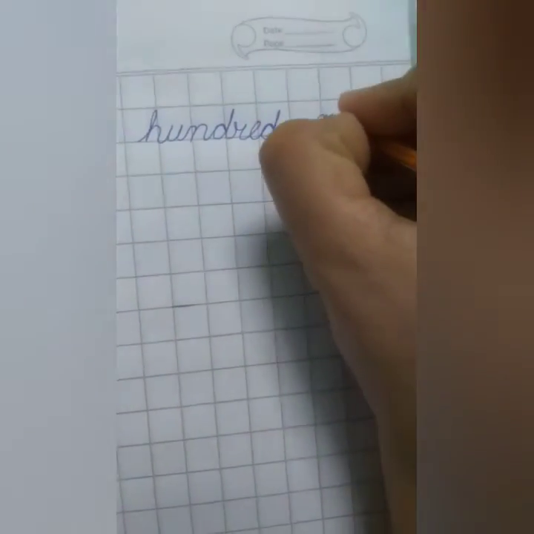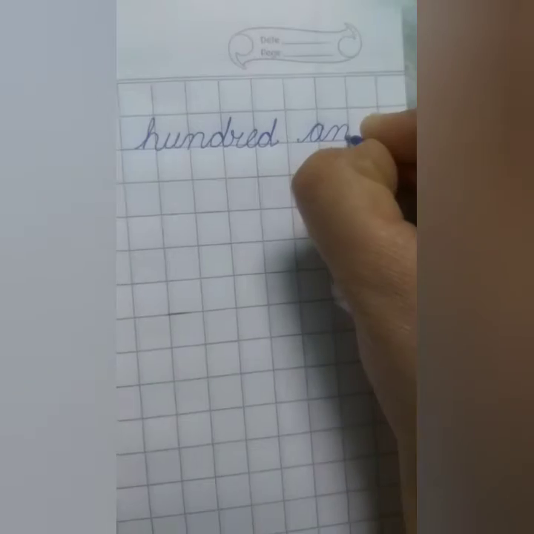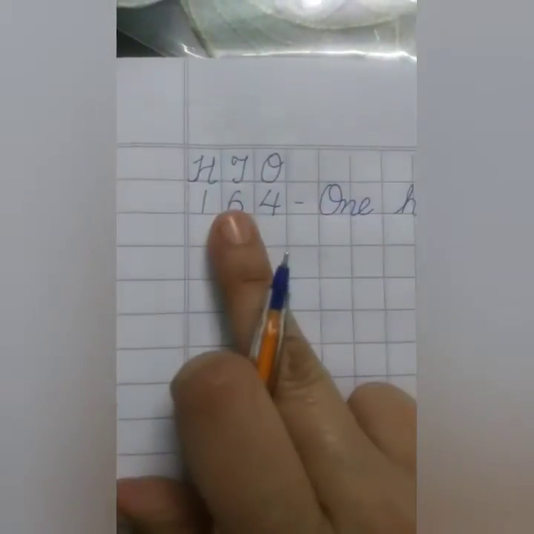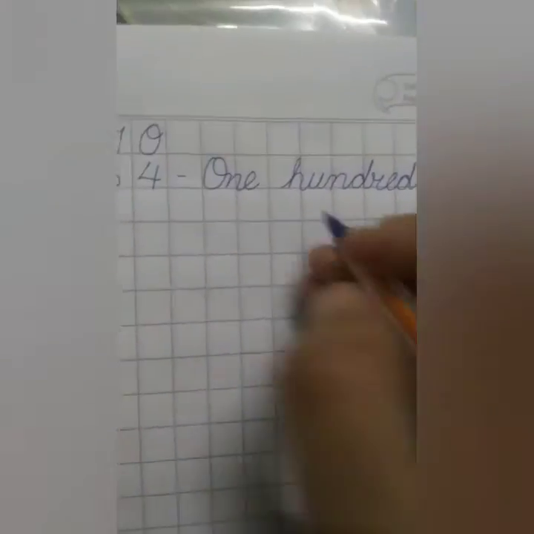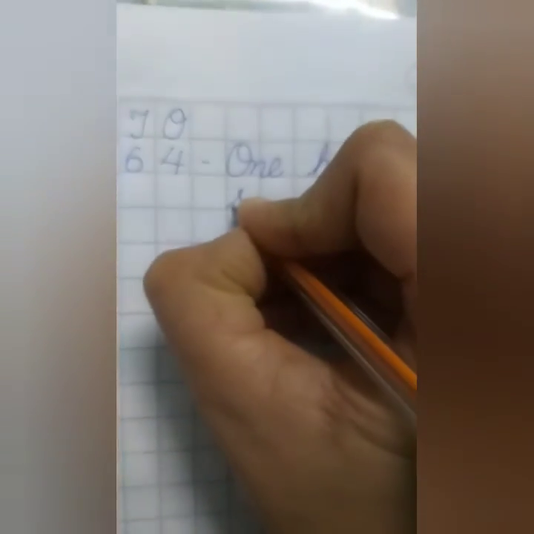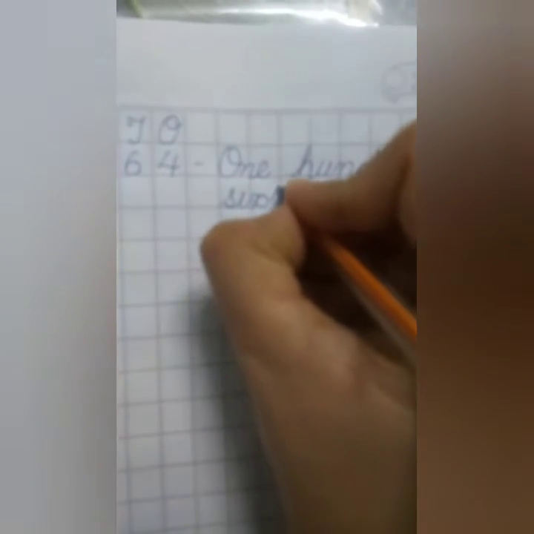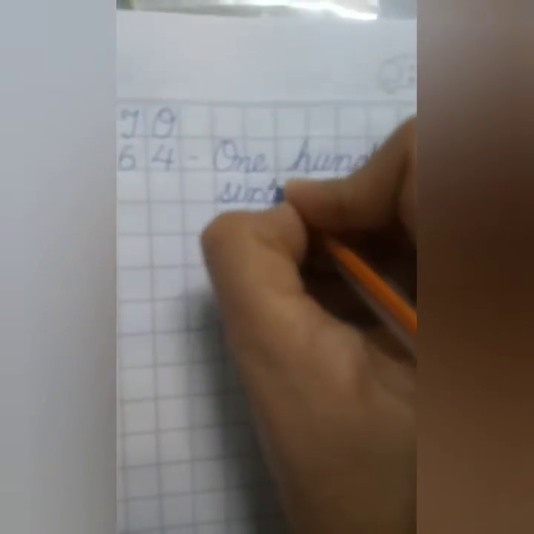Take one finger gap and write A-N-D. And 164. So write 60. What is the spelling of 60? S-I-X-T-Y. 64. What is the spelling of 4? F-O-U-R. 164. Now, how many blocks do we have to leave? 2 blocks.